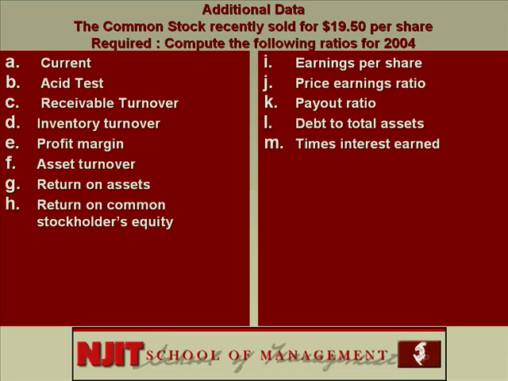When you compute it, you get the ratio of 1. G, return on assets, is 39,000 divided by average assets, which I just told you, 638,000 plus 560,000 divided by 2, 10.8%. So the answers are E, 6.5%, F, 1, G, 10.8%.